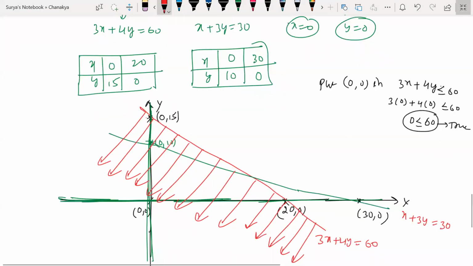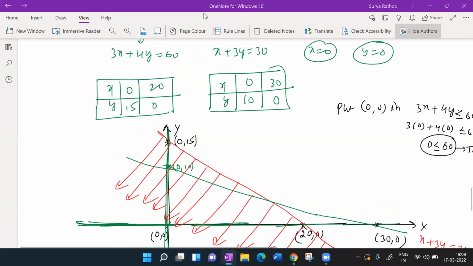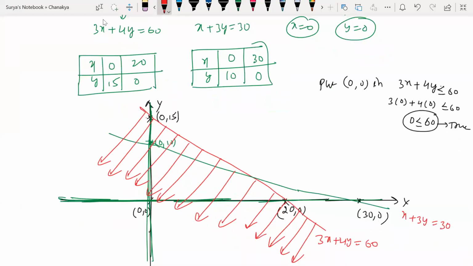Till this, any doubts? Yes, 1 second, children. So it is below the line.